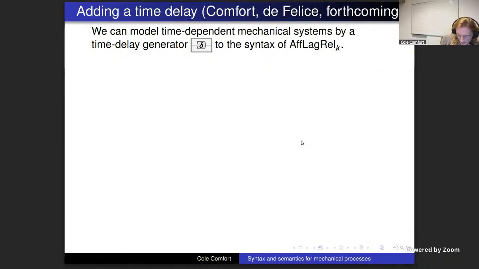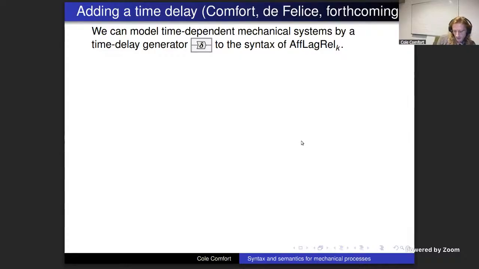And I also want to talk about this work I'm doing with my co-author Giovanni, because in everything I've said so far, there's no notion of time. So we thought, is there a way we can add time dependence to these physical processes? Because we really started with a very, very restricted class of physical processes.